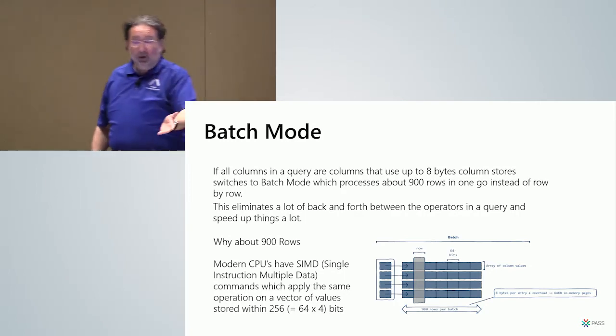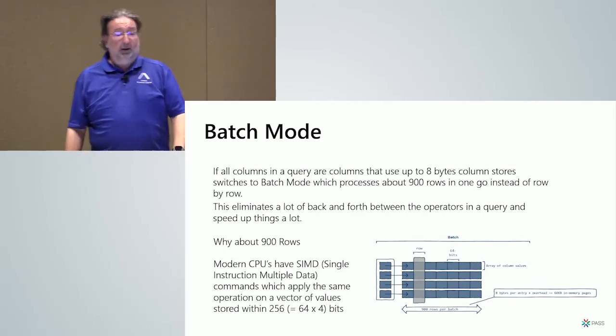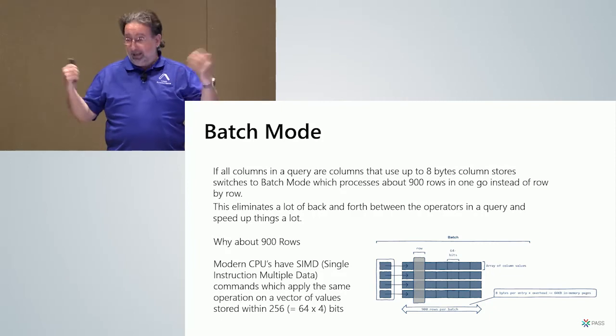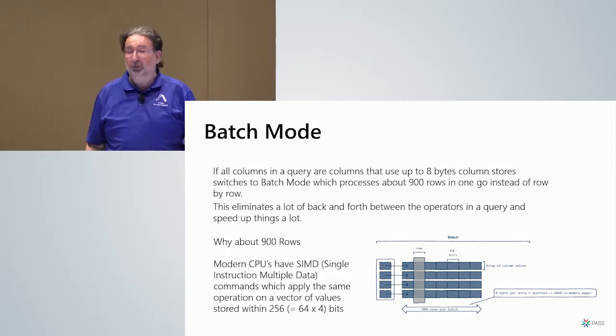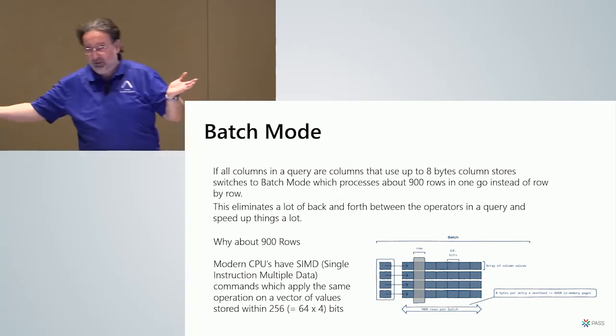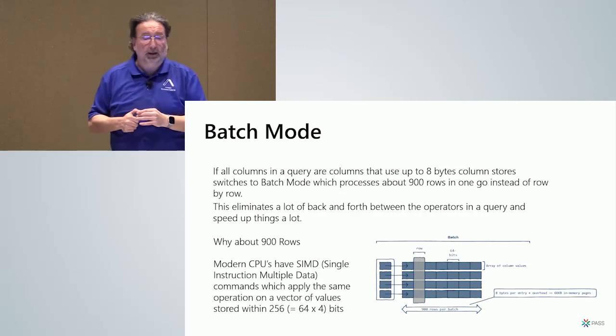And if you take 64 kilobytes, divide it by 256 bits, and add some metadata overhead to it, you end up with the number 936 right now. If they need a little bit more or less metadata in the future, that number will change. Yeah? But basically, that's why it's about 900 rows at a time. Yeah?